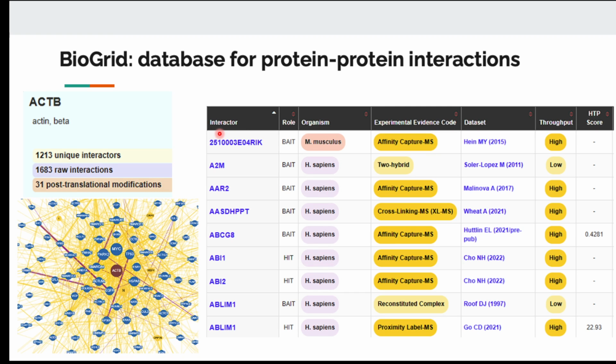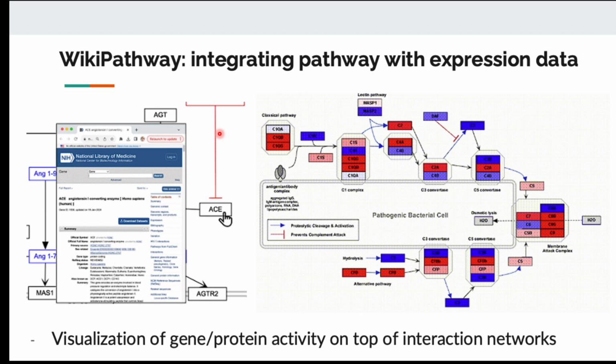But if you want to visualize, like you want to view the data, there are two additional tools that you can use. If you go to WikiPathways or KEGG, these are also databases of protein interaction, but they are organized in terms of biological processes or biological pathways.